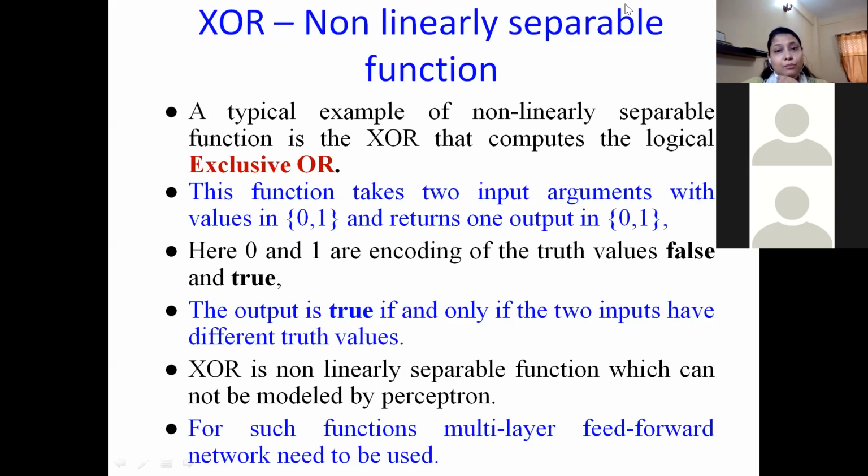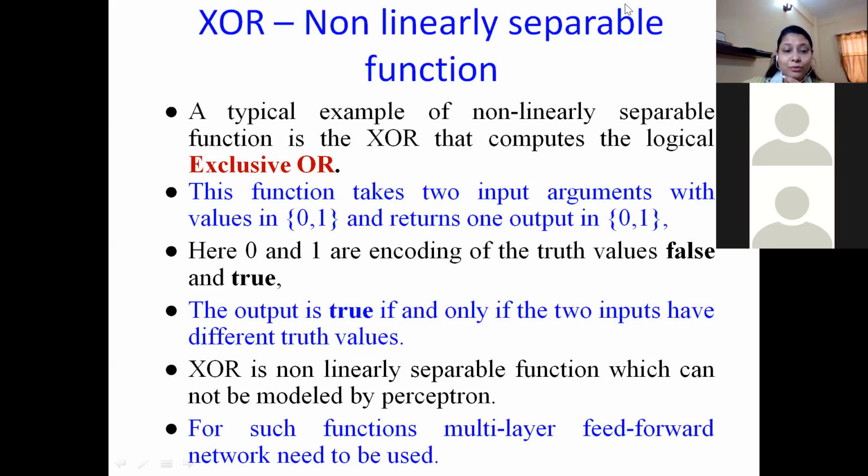Otherwise, in both cases where the input variables are the same, the XOR function gives you the 0 output, that is, for the 0-0 case and the 1-1 case. Now, if it is a non-linearly separable function, can we infer it from the graphical representation, as we did for the OR function in the previous class? Obviously, we can.